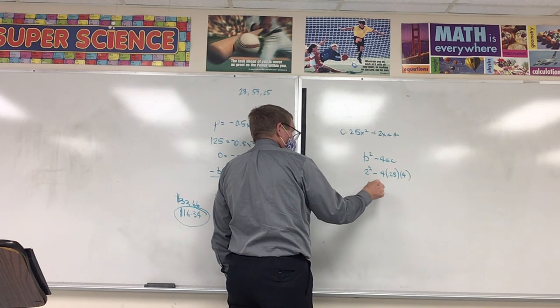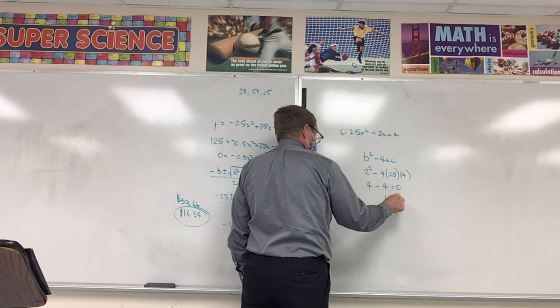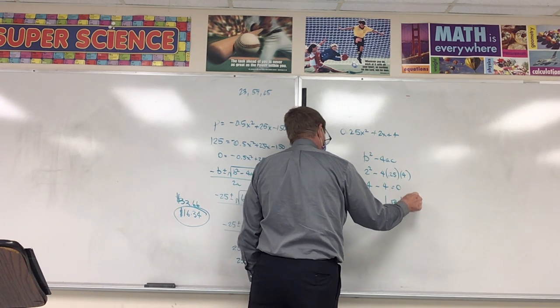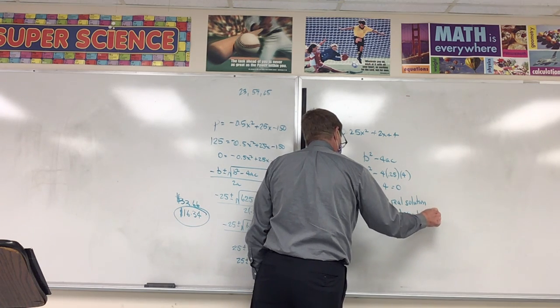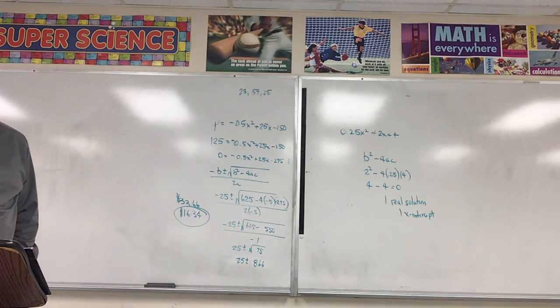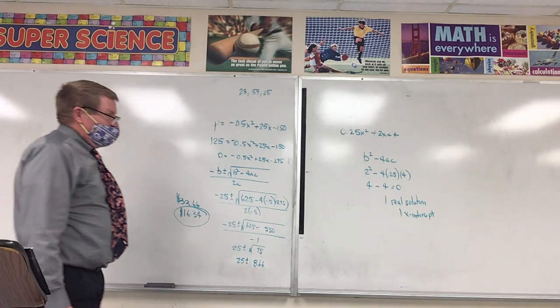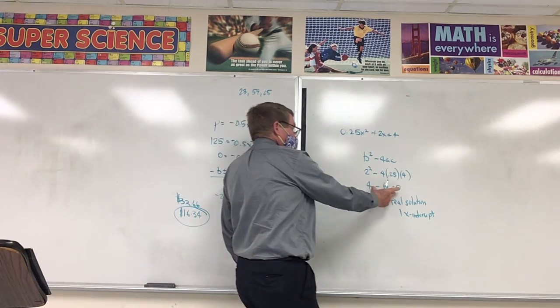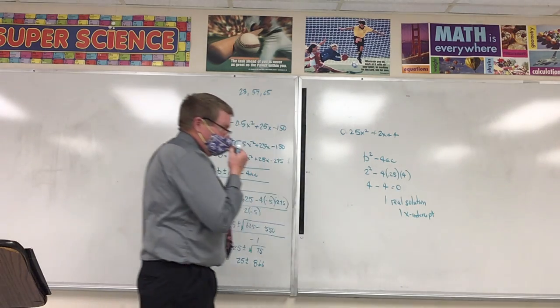It's going to be 4 minus 4, which equals 0. So 1 real solution, 1 x-intercept. Remember, if this is 0, it's 1. If it's greater than 0, it's 2. If it's less than 0, it's none.